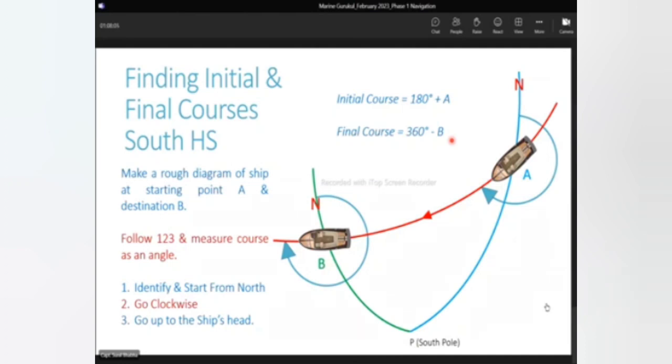So that's hardly half a minute job for us. So first you calculate the courses using three-figure notation using this 1, 2, 3 method. And once three-figure notation courses are obtained, they can be converted to quadrantal if required by the paper setter.